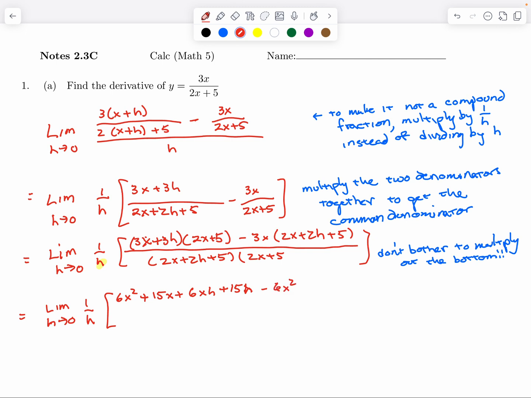Don't forget to distribute the minus sign as well as the 3x. Looks like a few of the things that have h's are going to get canceled too, but that's okay.